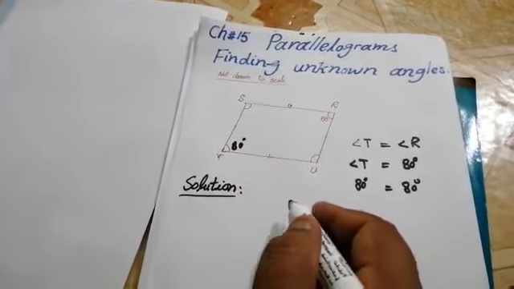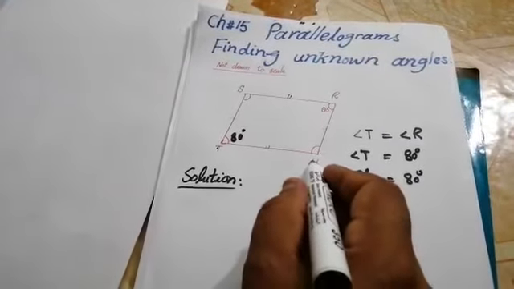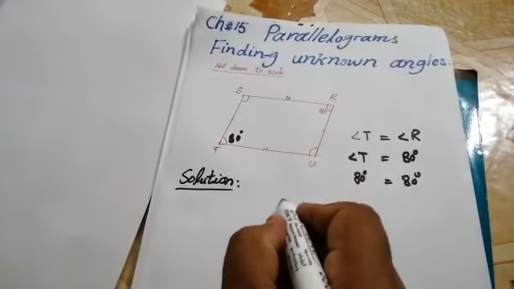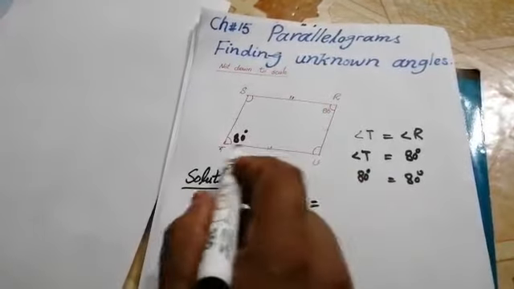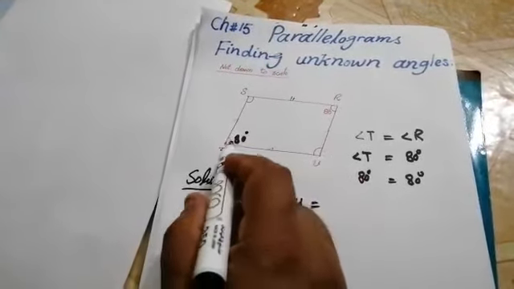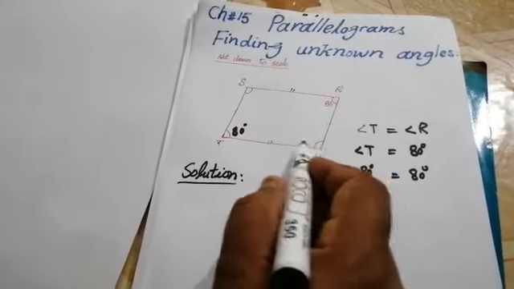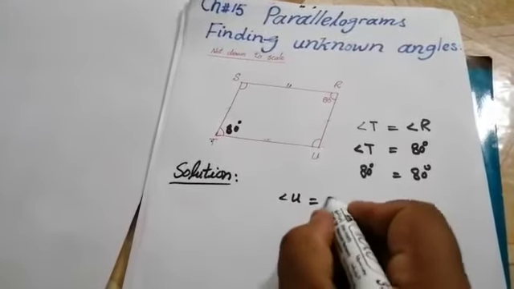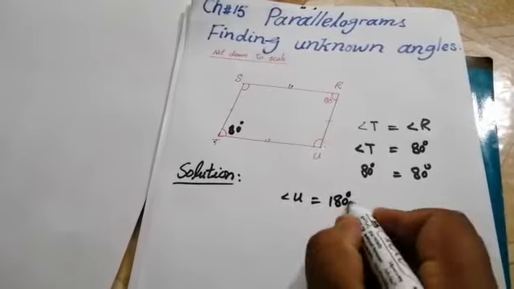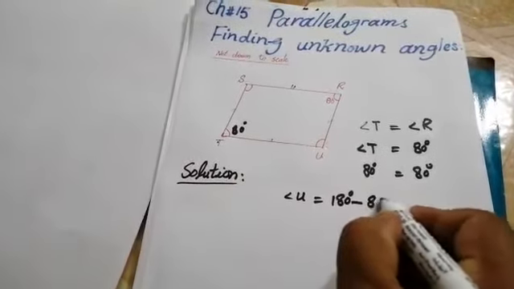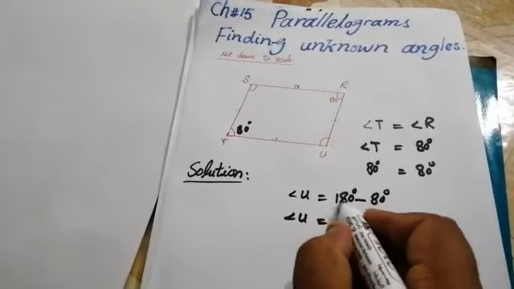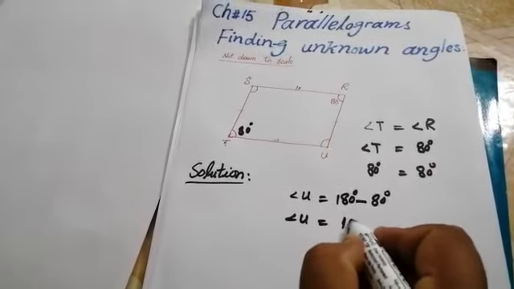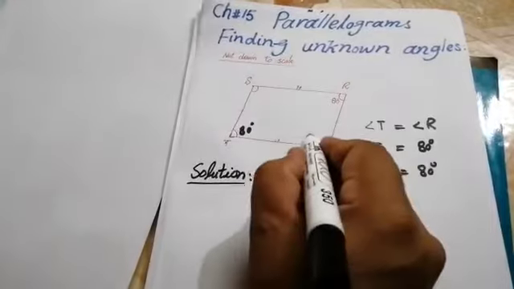Yes, it equals 180 degrees. So when you find angle U, the sum of these two angles is 180, because if you join these angles, they form 180 degrees, and 80 degrees is given, right? So angle U, you can find: 180 minus 80, you'll get 100 degrees here.